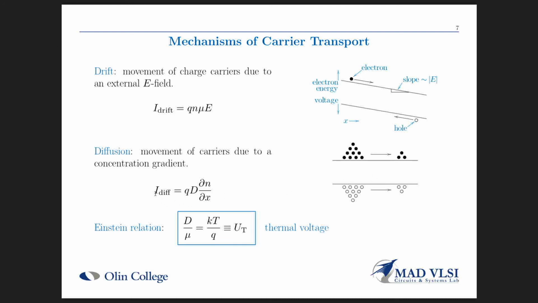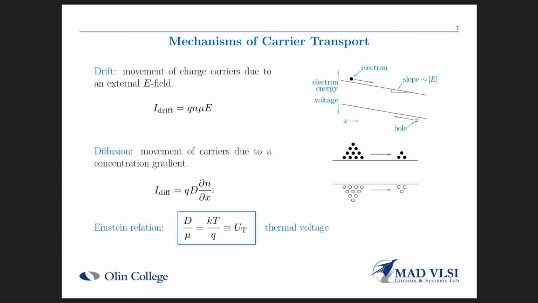So the diffusion current is also proportional to the charge on each carrier, but this current is proportional to something called the diffusion constant times the spatial derivative of the concentration. So this is the concentration gradient of the carrier.